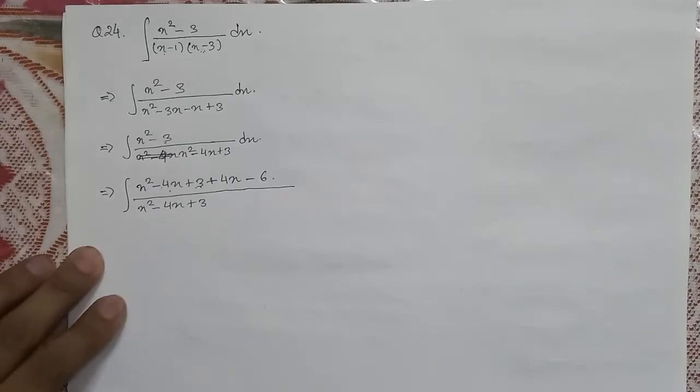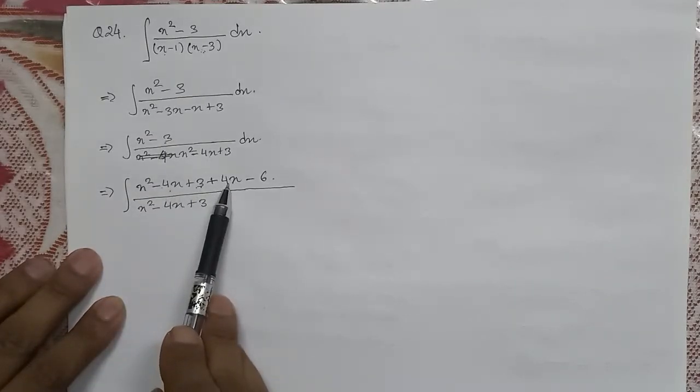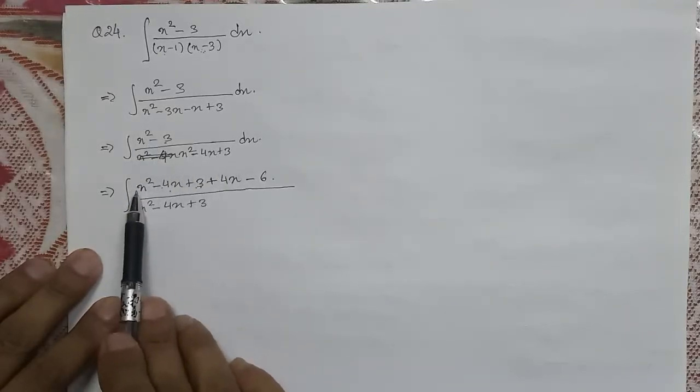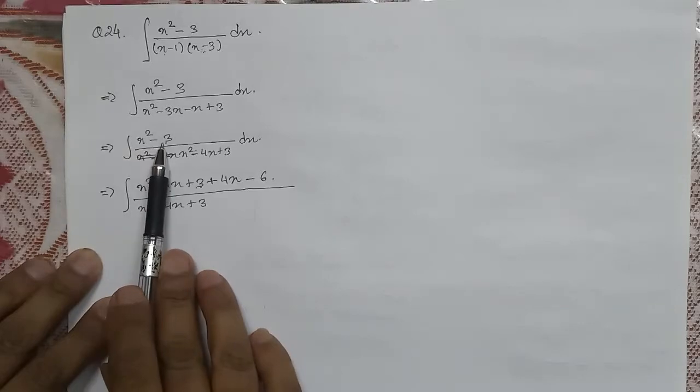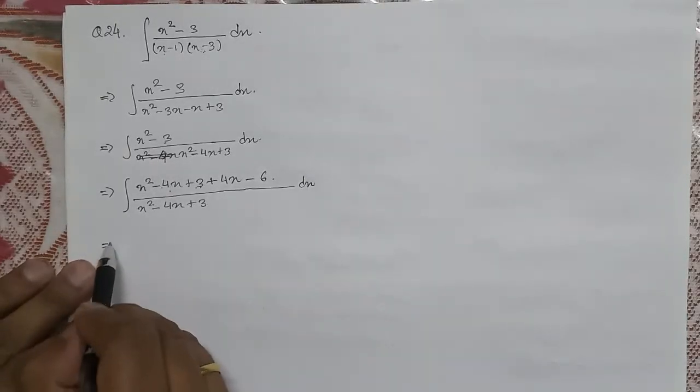Now try to simplify this one. Now say x square, minus 4x plus 4x get cancelled, and 3 minus 6 is minus 3. Indirectly we are getting x square minus 3 dx. Now then divide.